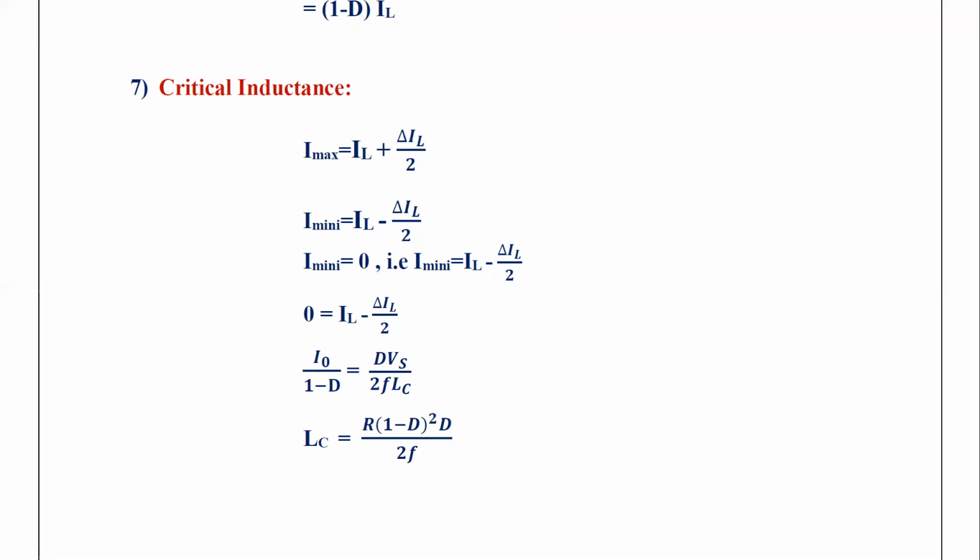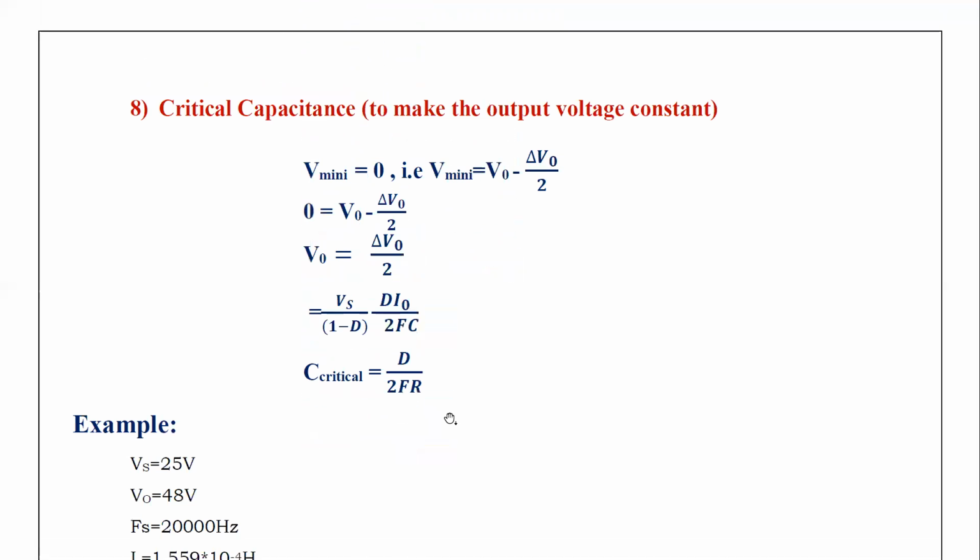Already we have calculated in this boost converter that the value of delta IL is equal to D into Vs by FL. You can refer to it. From that, the critical value of the inductor LC can be written as R into (1 minus D) square into D divided by 2F. This is the formula for calculating the critical inductance.